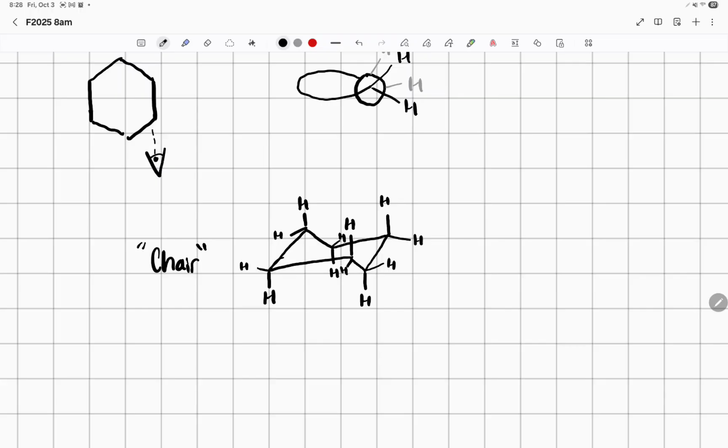Now let me put on the rest of these bonds so that we can see visually as well, not just with my bad drawing. So again, in this chair conformation, I've got to switch the camera. As best as we can see, this camera's a little washed out, but whatever. So in this orientation, let's see if we can see it well there.